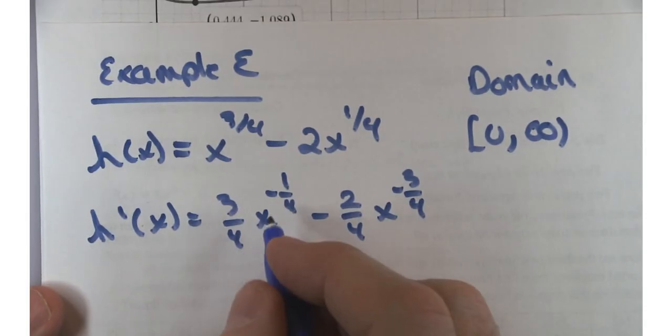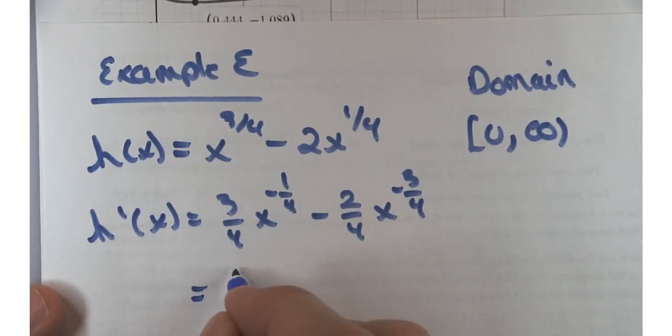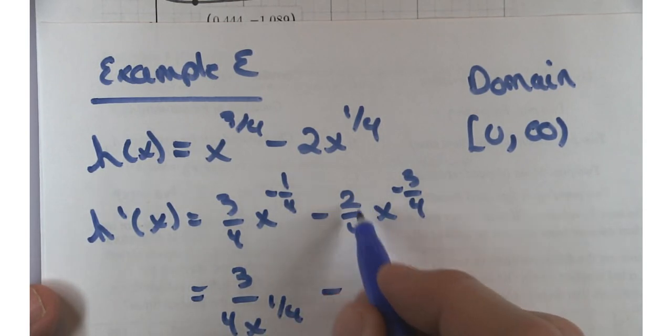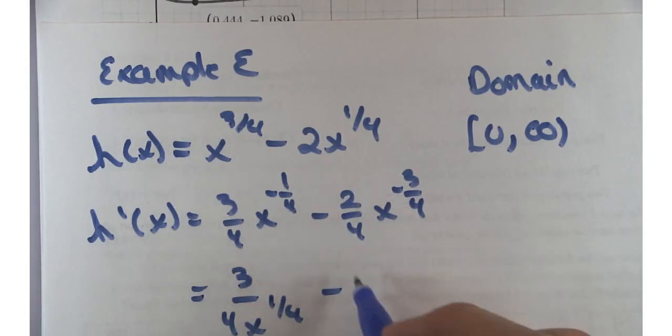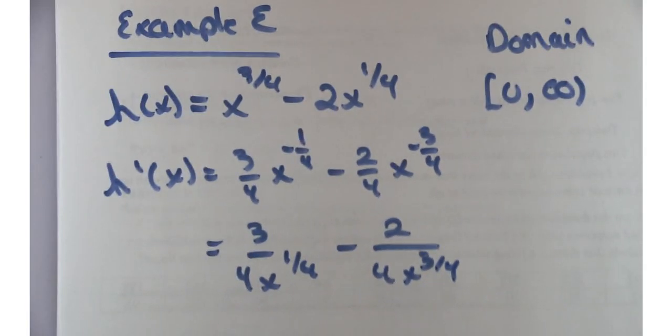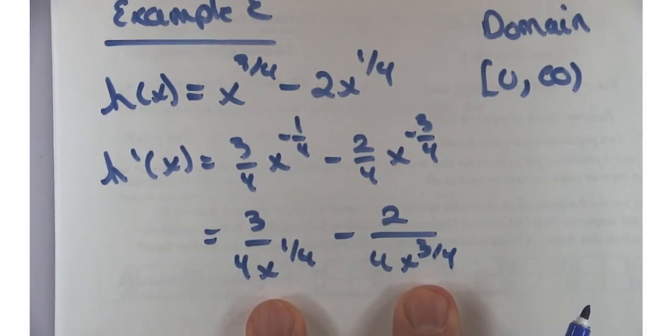I'm going to start by putting these terms in the denominator. 3 over 4x to the 1/4, minus, I'm not sure if I want to put this in lowest terms or not because right now we've got common denominators. I'm going to hold off for just a minute. 2 over 4x to the 3/4. Now these fractional exponents are a little bit of a pain here.